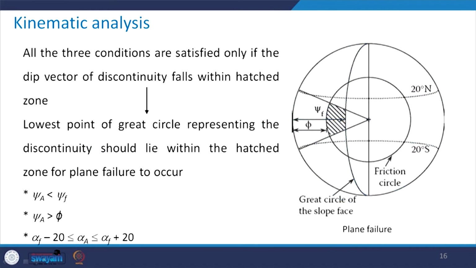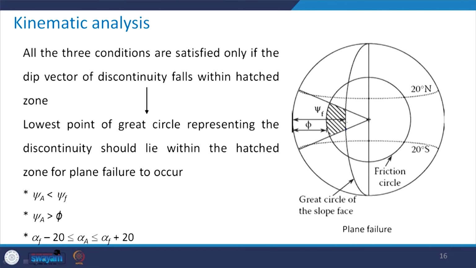Look here, all the three conditions will be satisfied only if the dip vector of the discontinuity falls within this hashed zone. Lowest point of the great circle, that is this, is representing that the discontinuity should lie within the hashed zone for the planar failure to occur.